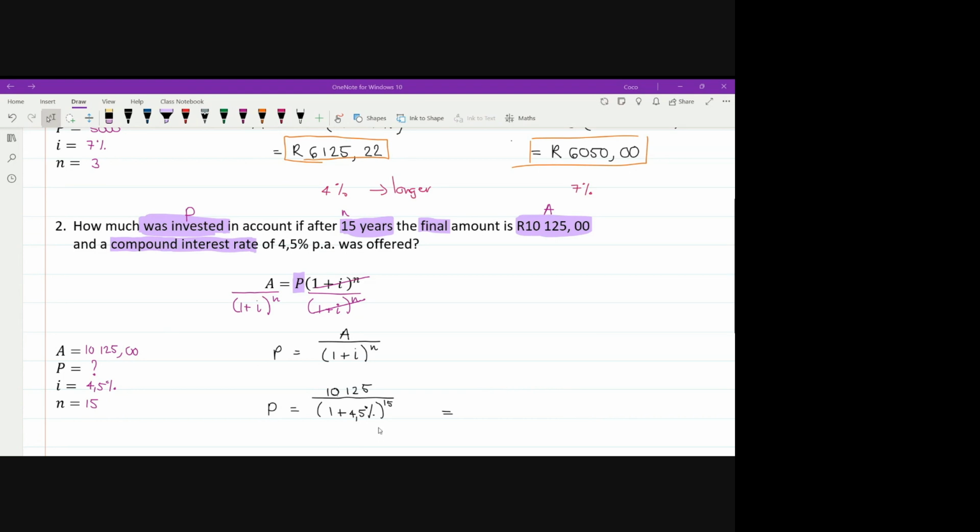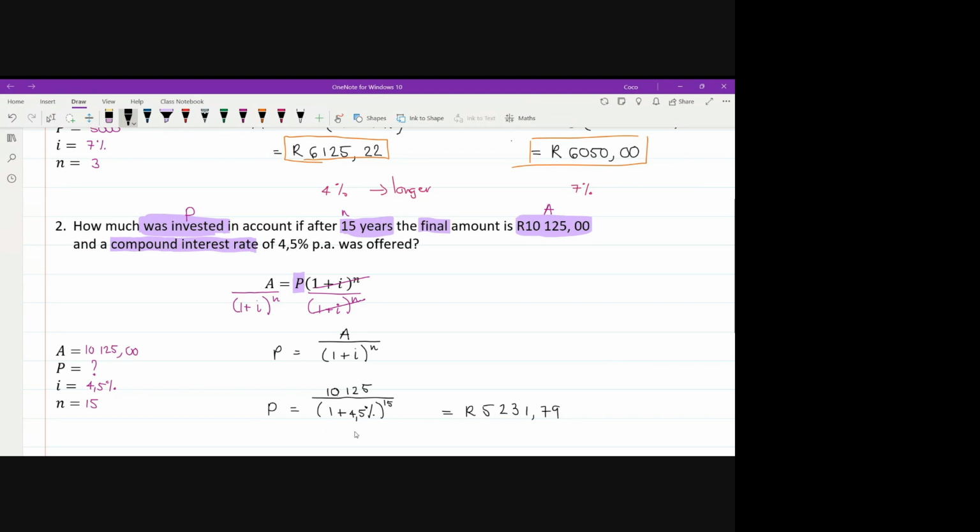Lovely. Well done, guys. That's the answer we're looking for. Excellent. So our answer is 5,231.79, and 79 cents. All right. Thumbs up. Are we all okay on how to calculate for A and how to calculate for P? Are we good? Lovely stuff, everyone.